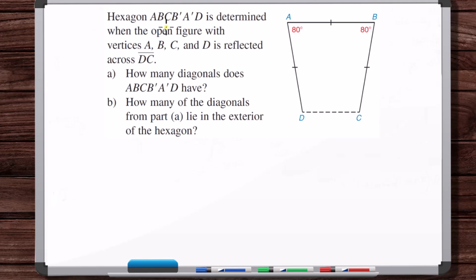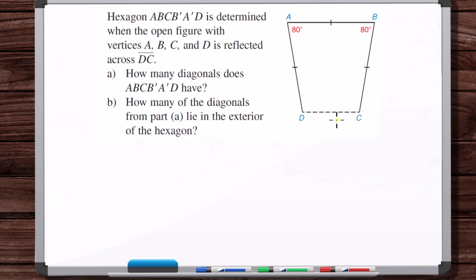Hexagon ABC, B prime, A prime, D is determined when the open figure with vertices A, B, C, and D is reflected across segment DC. Okay, I see.